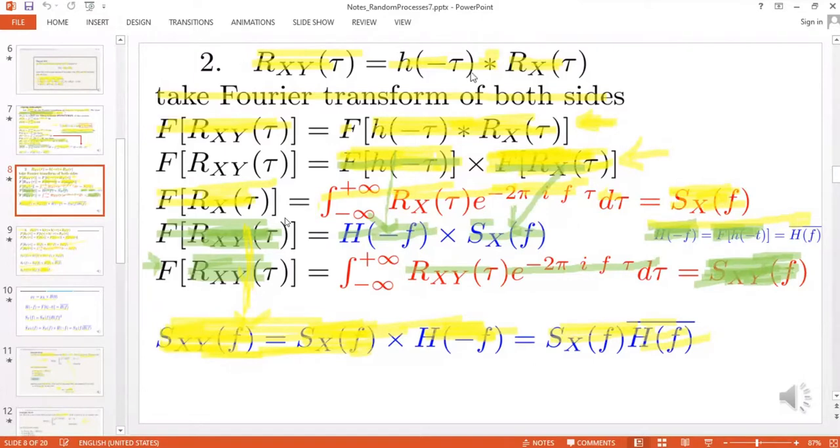So we take the Fourier transform on both sides of it. The left hand side will be this one, and the right hand side will be this one.